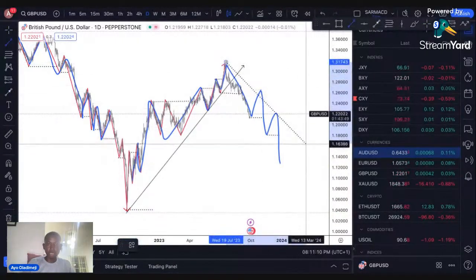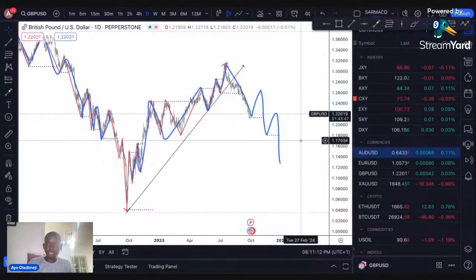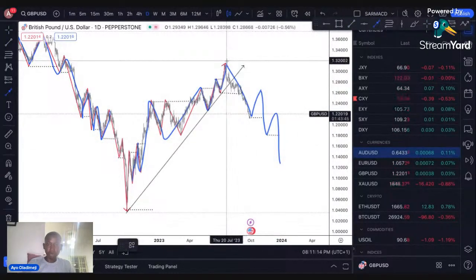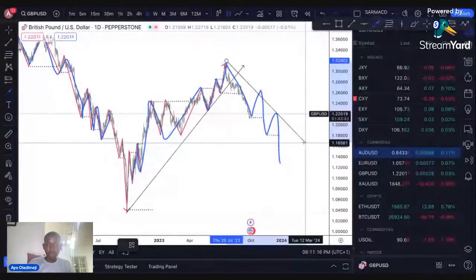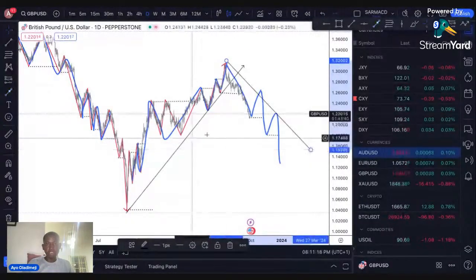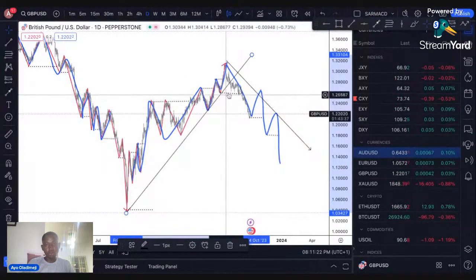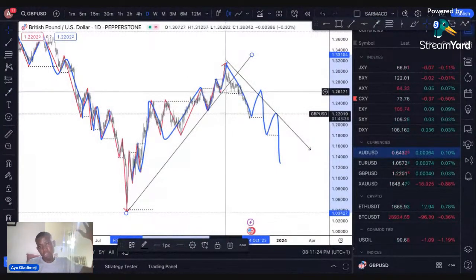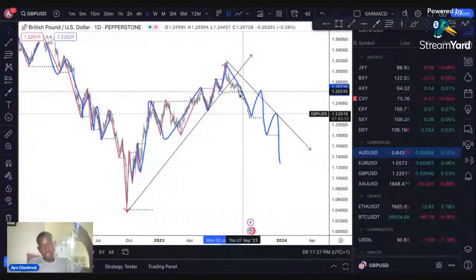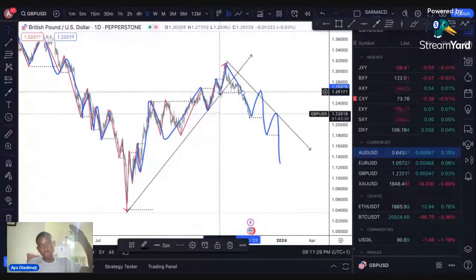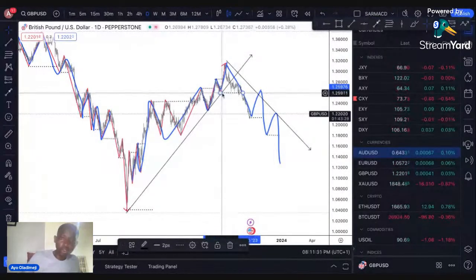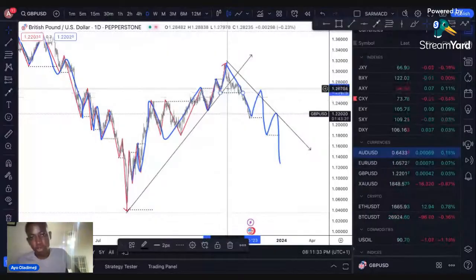And like I told you earlier, you can even see from this graph here that this trend line has been broken. So it's not only this low, this support. You still remember your support and resistance. This low is a support. It was not only this low or this support that was broken.